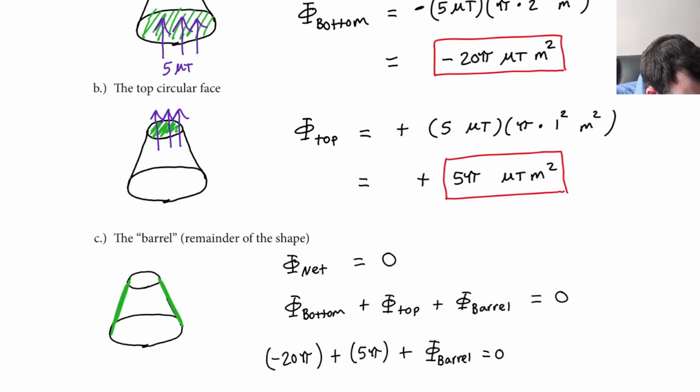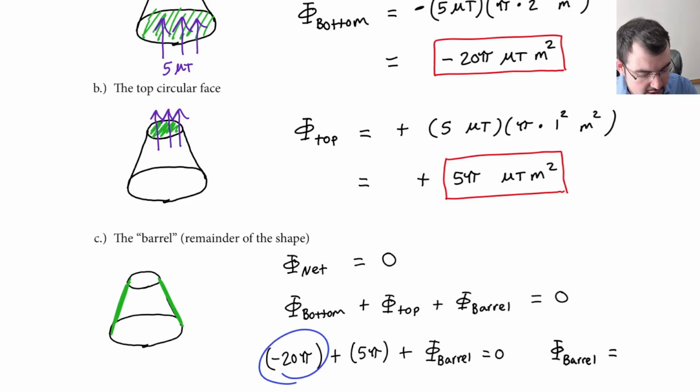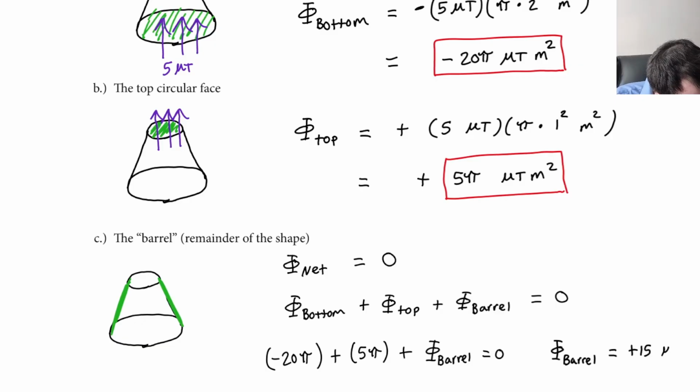So we can see that phi through the barrel must be, well, negative 20 and positive 5 make negative 15, so I need positive 15 microtesla meters squared.